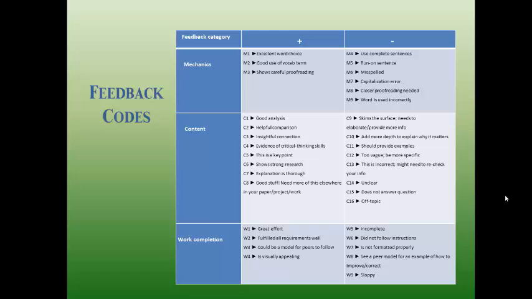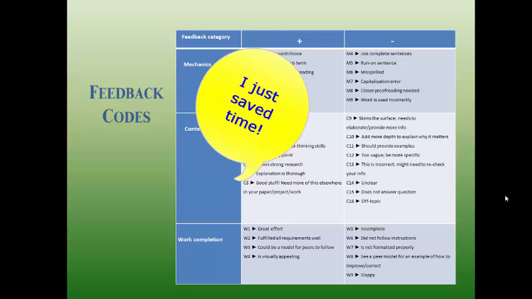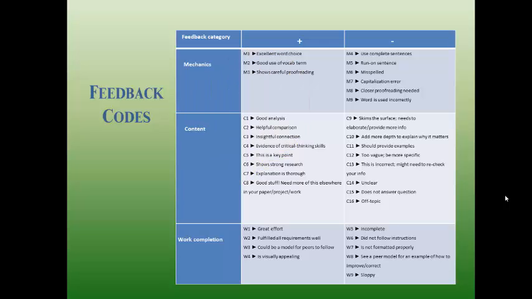If we take a brief look at the mechanics category, we see some pretty typical things that we're going to observe in student work. Again, whether it's good or bad, well, instead of writing use complete sentences, on the student's paper we write M4, mechanics comment number 4. If they misuse a word, then we don't have to spend 4, 5, 6, 7 words explaining that to them.